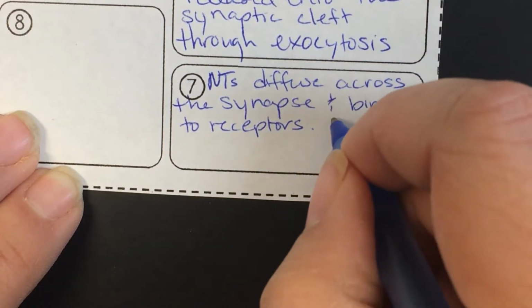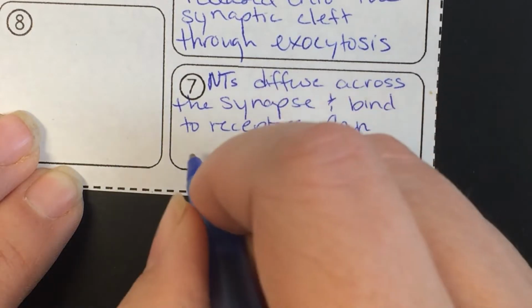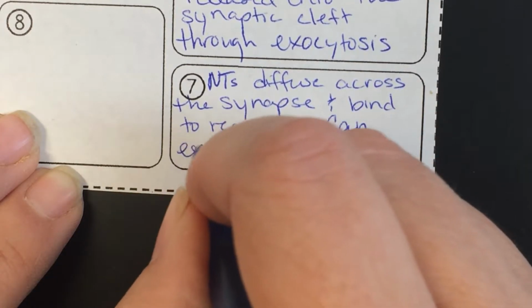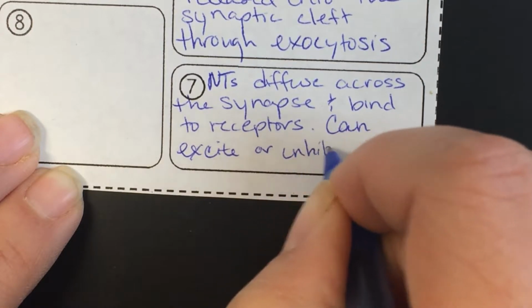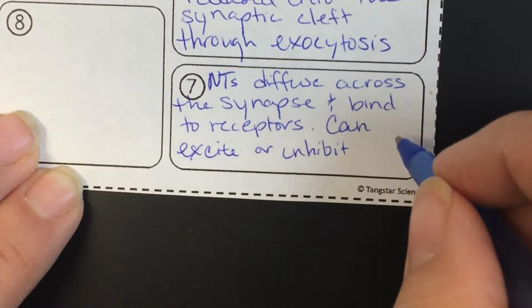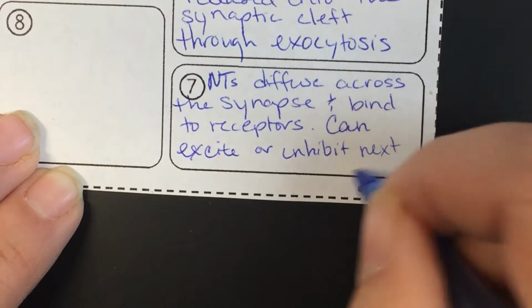And in this case, that whole process, depending upon which one it is, can excite or inhibit the next neuron.